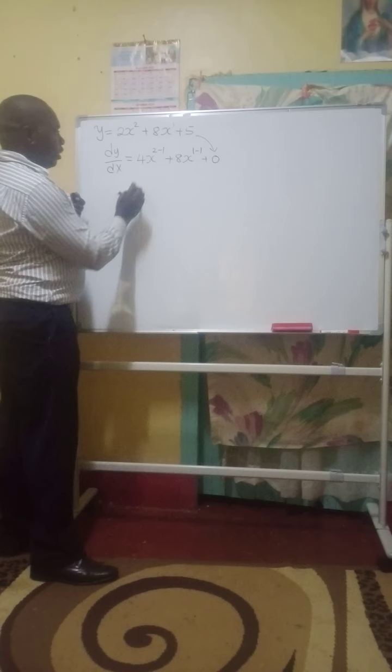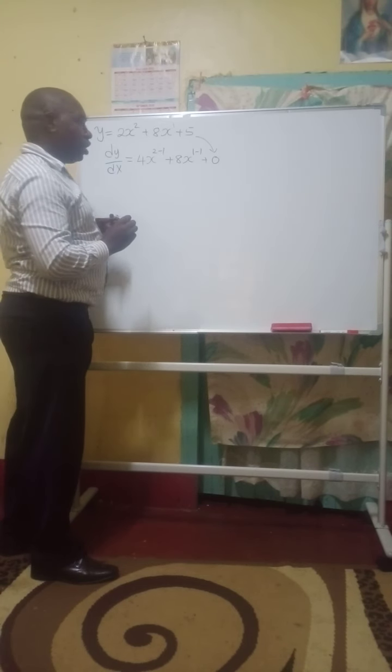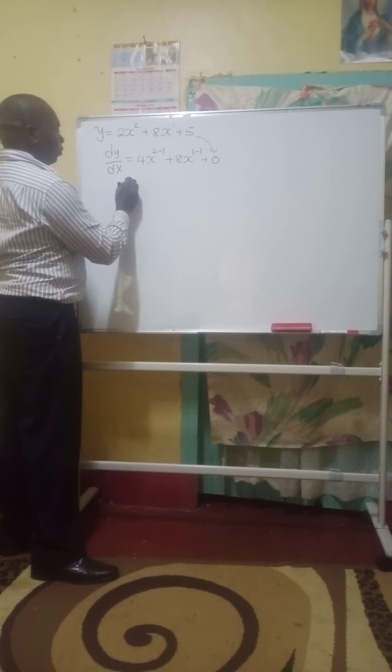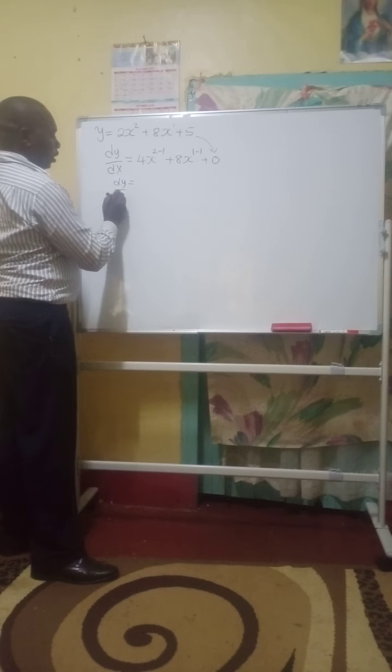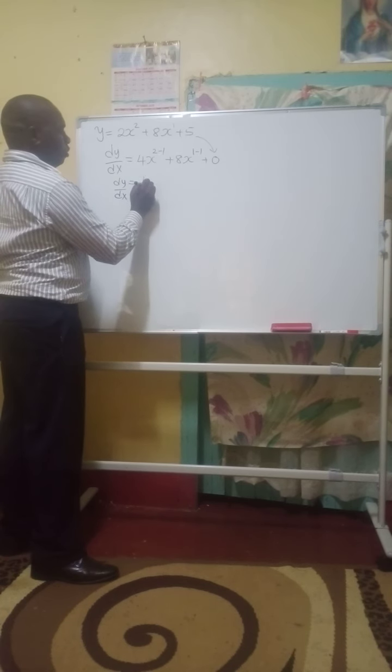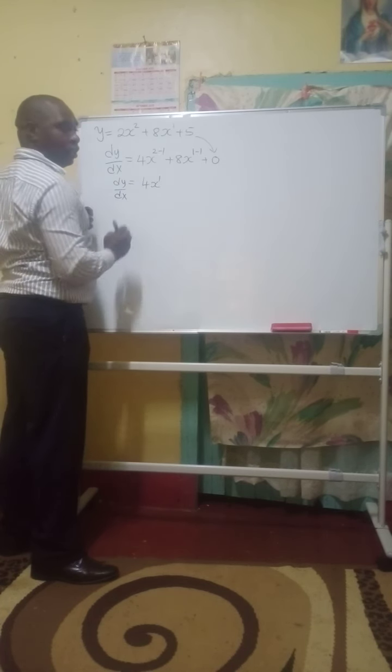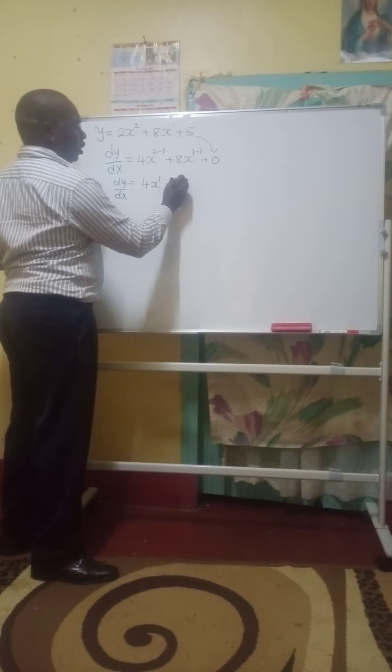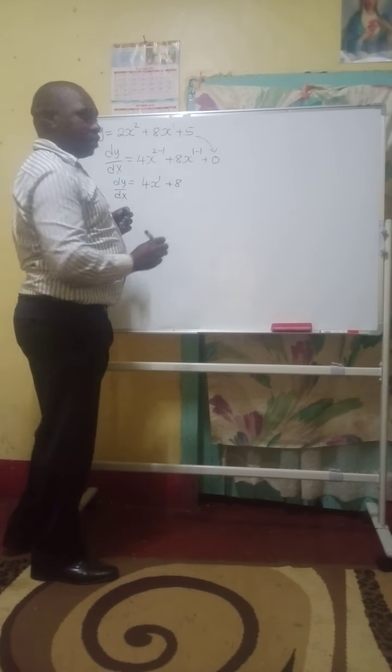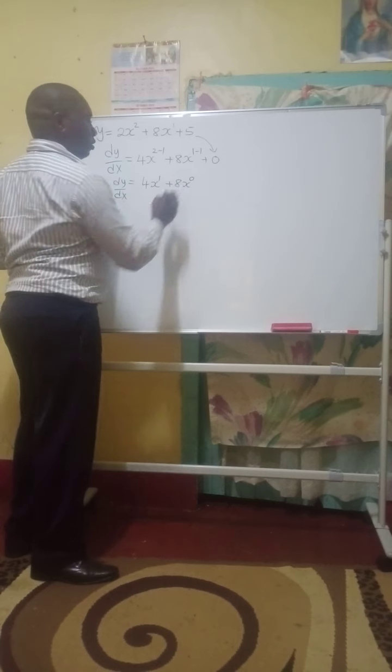So we can simplify our gradient function as follows. dy/dx is equal to 4x^1 plus 8x^0.